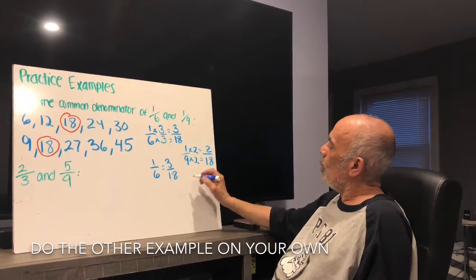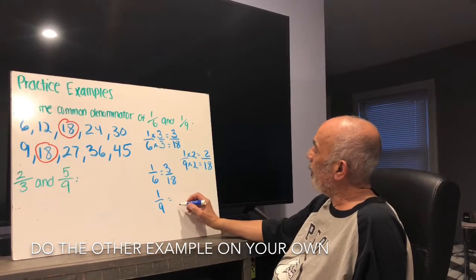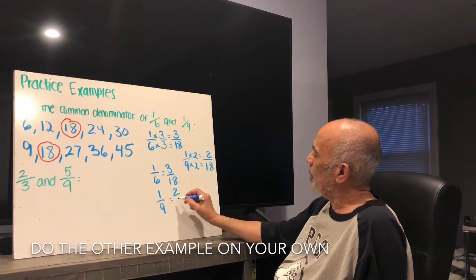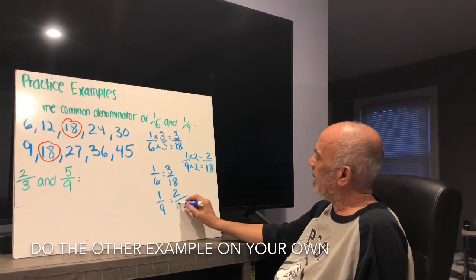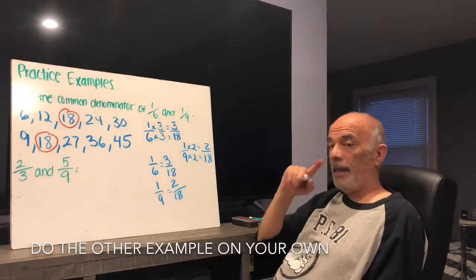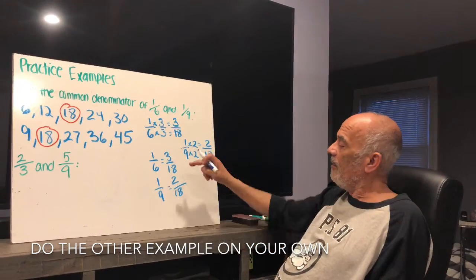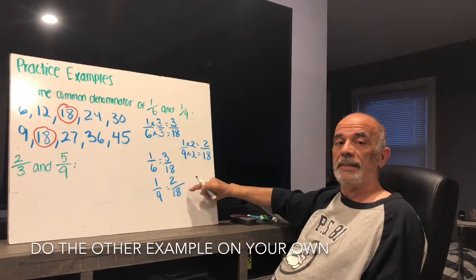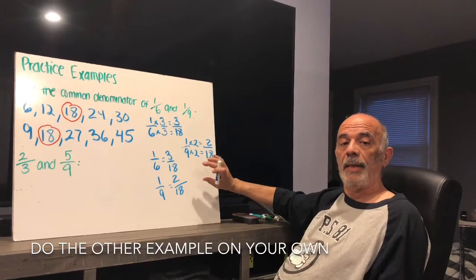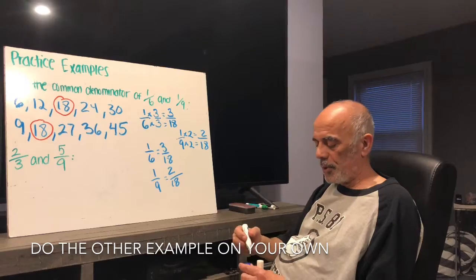So 1/9 could be rewritten as 2/18. They both have the same common denominator. Later on, you're going to find out that we cannot add fractions if they do not have the same denominator. You can't add them and you can't subtract them. So later on, we're going to use this to add and subtract fractions.